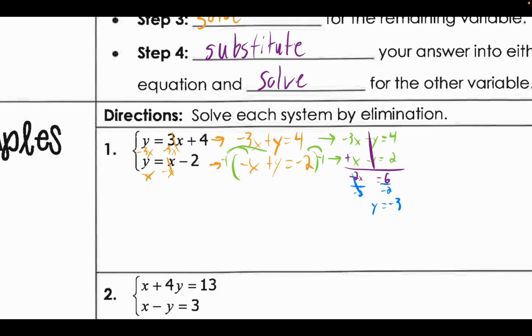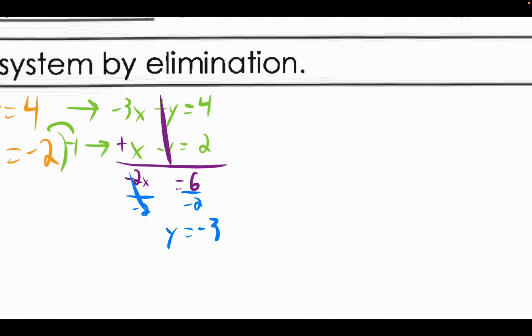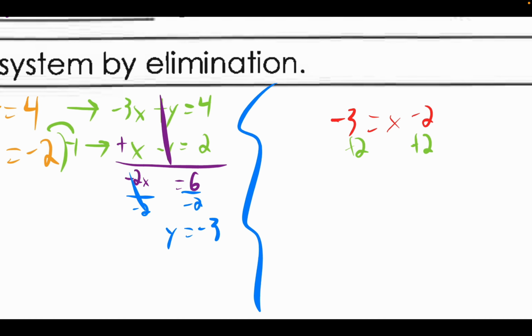I'll just do one of my original ones, and I'll do the bottom one because the numbers are smaller. So instead of y equals x minus 2, I'll have -3 equals x minus 2. I just add 2 to both sides, and I end up getting -1 equal to x, which makes my ordered pair for my answer -1, -3.